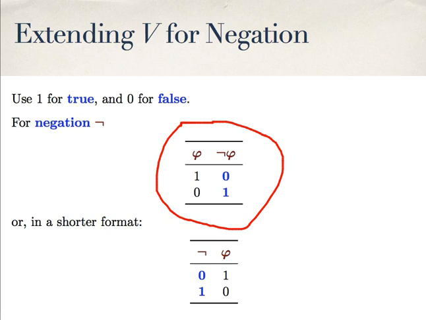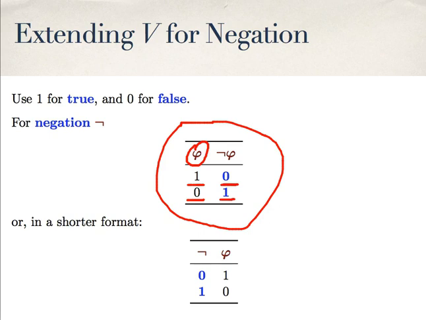Now let's suppose that we assign the truth value 1 to the formula phi. And remember, phi is this Greek letter that stands for any arbitrary formula. If we assign the truth value 1 to the formula phi, then negation of phi will be 0. On the other hand, if we assign the truth value 0 to the formula phi, then negation of phi will be 1.